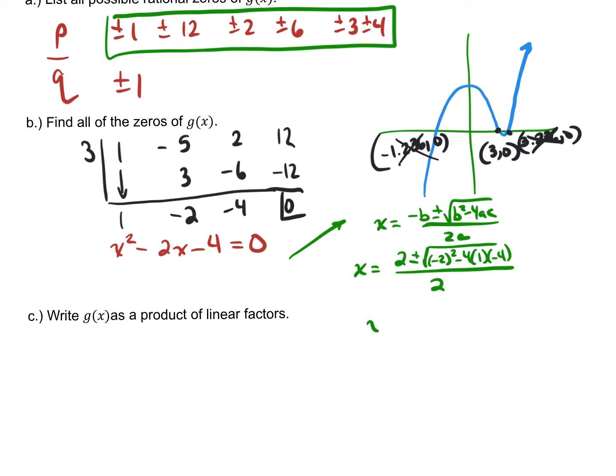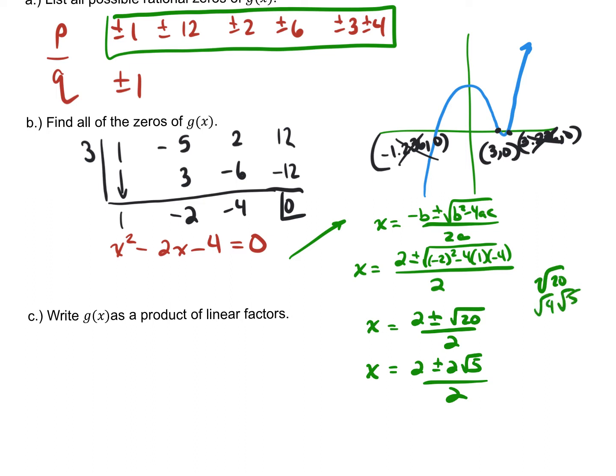So if I figure out what that discriminant is, that's going to be 4 plus 16, which is root 20 over 2. I can simplify root 20 to 2 root 5 over 2. And that's simply because, remember, root 20 is root 4 and root 5, which is 2 root 5. And then now all these numbers are 2, so I can divide them all by 2. So 1 plus or minus 1 root 5.